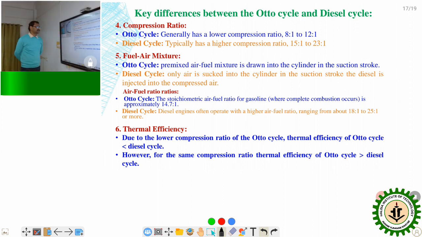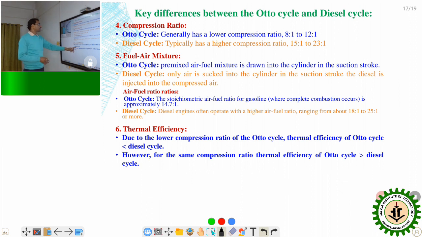Next, thermal efficiency. I have already told you that we can compare thermal efficiency under two conditions. First, due to the lower compression ratio, the thermal efficiency of the Otto cycle is less than the diesel cycle. In case of Otto cycle, the compression ratio is taken lower.